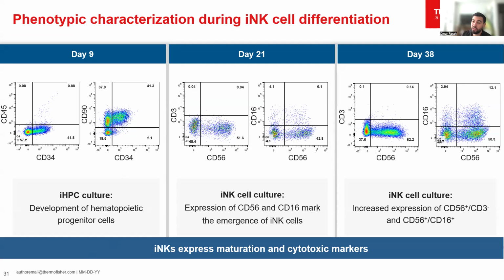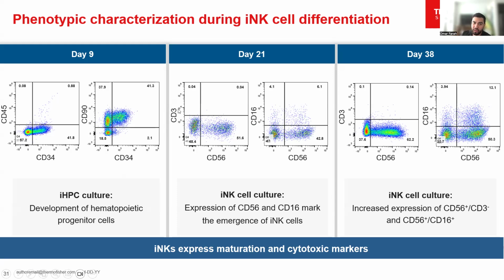But as we specifically differentiate them into NK cells, we start to see that CD56, a marker of NK cells, starts to appear around day 21. And CD16 is an activation marker, which a lot of folks look at to see whether these cells can carry out their cytotoxic activity, or can kill. And that starts to also be expressed.